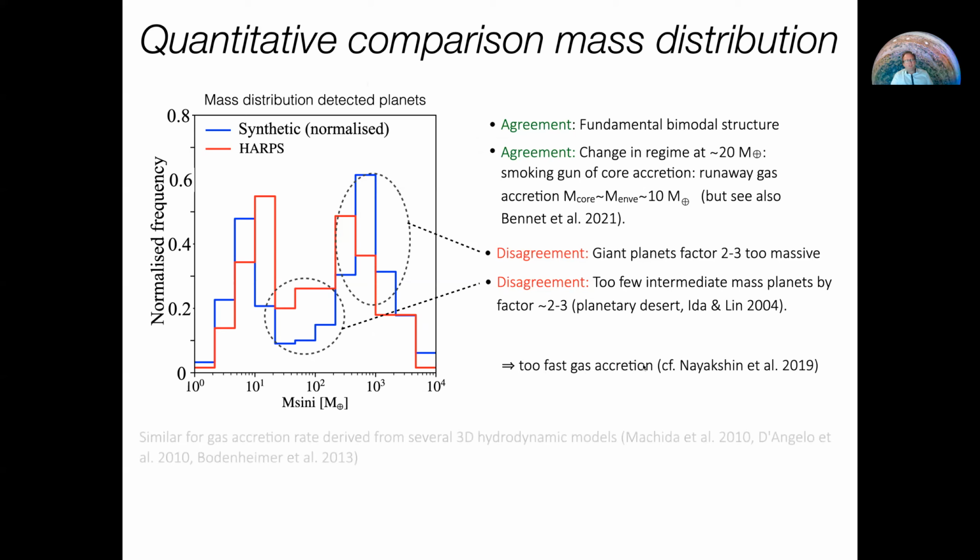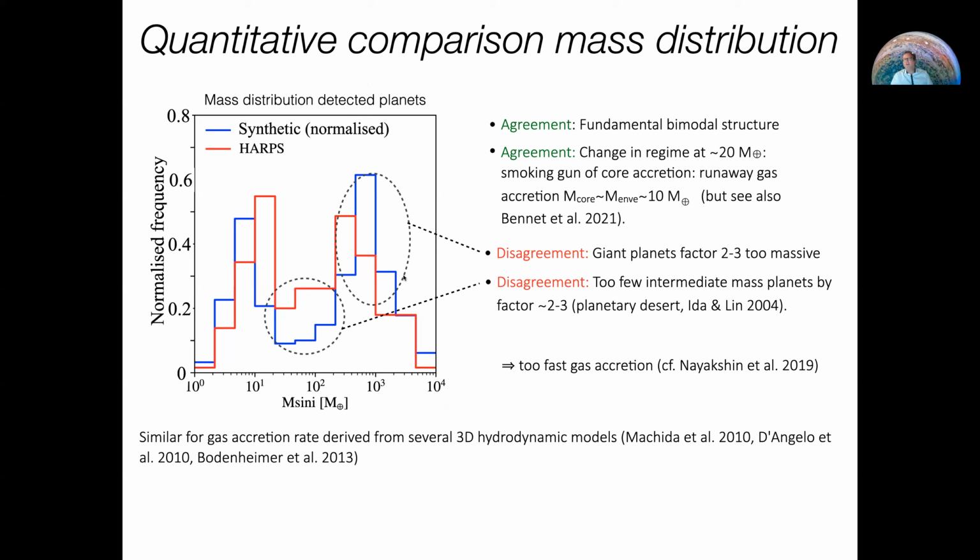And what is interesting here is that we tested this for different ways of describing the gas accretion rate in the disk limited regime. This would be important here, derived from several 3D hydrodynamic models, and this always gave the same. And here it's important to remember that when you set up such a 3D simulation and then you derive some fits for the resulting gas accretion rate, you cannot test what it would make when you use it within such a global model.